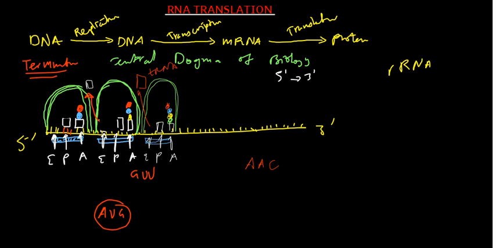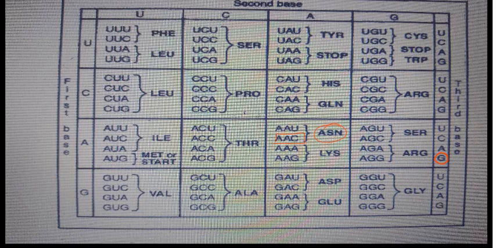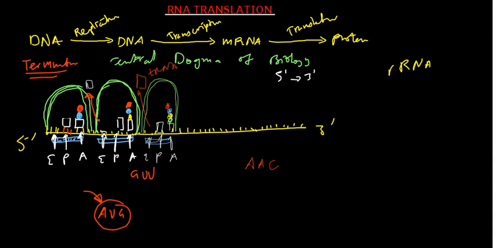The start codon is only one, that is AUG, but when it comes to the stop codons, there are 3 of them. Alright, when we see, it is even there on the genetic code, whenever we see UGA or UAA or UAG, that is the stop codon, then the process has to stop.